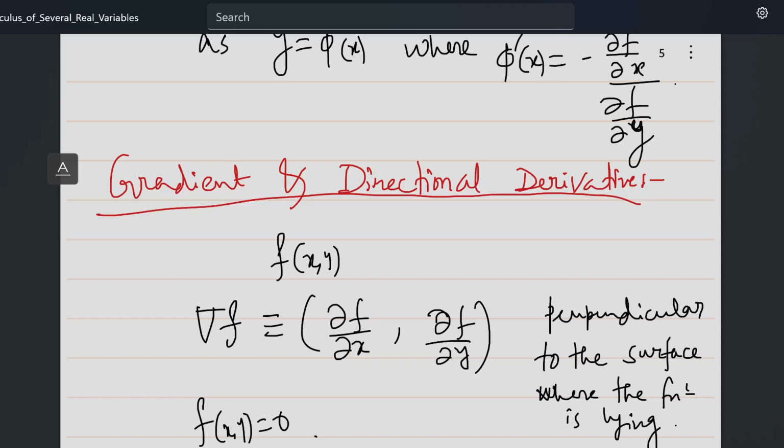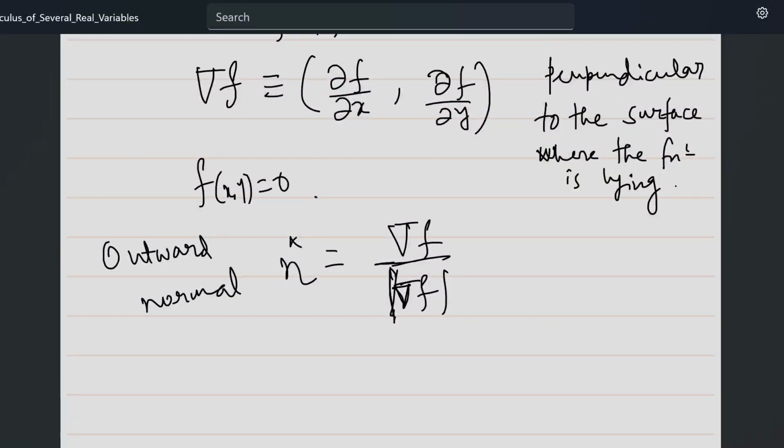So directional derivative means what? This is called the gradient. What is the directional derivative? It is grad f dot n hat, right? Yes, n hat is the outer normal.